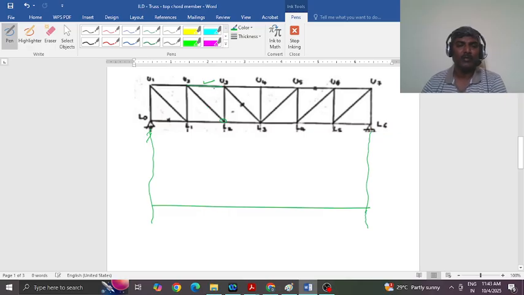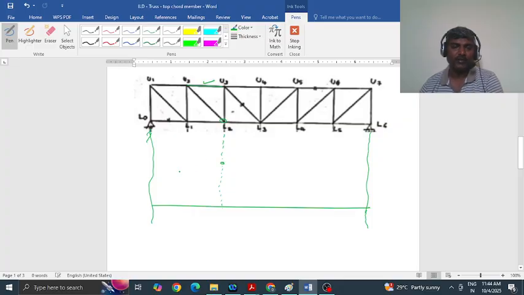You can easily point out this point, where the other two members in that particular panel are meeting. If you take this panel, where the other two members are meeting is L2. So at that point you need to plot the ILD for bending moment.